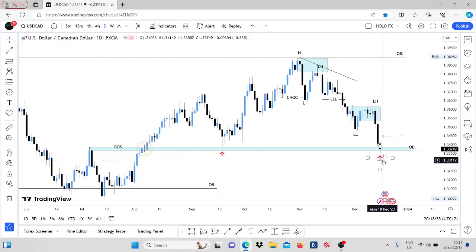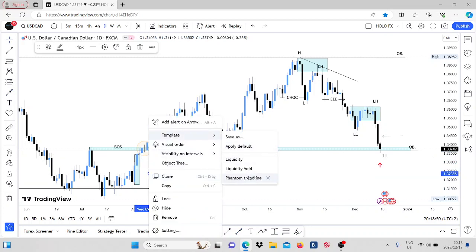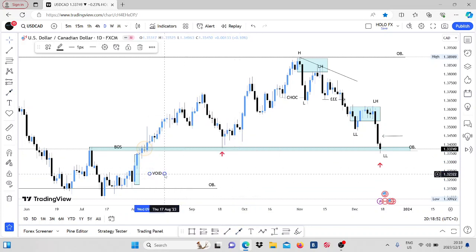What can we expect from the market? Initially I see that price still has left a bit of a void over here. Still a liquidity void that needs to be filled.